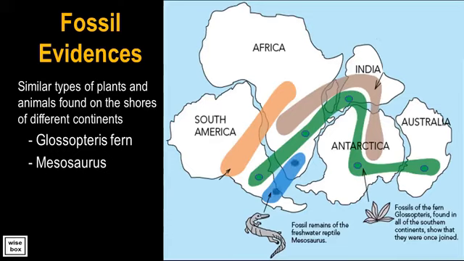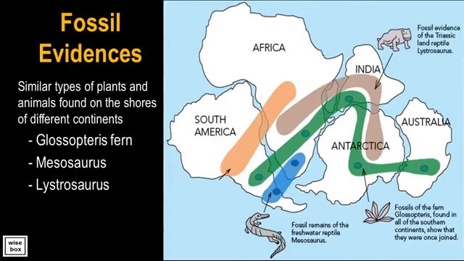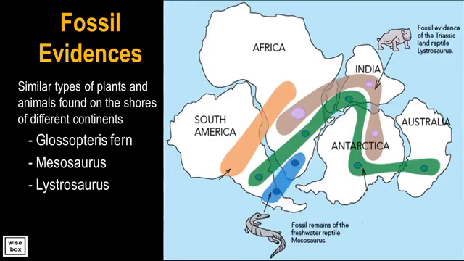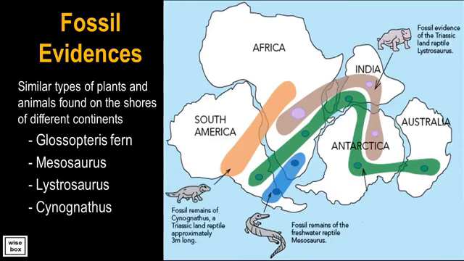Also, fossils of the land reptile Lystrosaurus have been found in rocks of the same age in Africa, India, and Antarctica. Lastly, fossil remains of Cynognathus, also a reptile 3 meters long, were discovered on the shores of South America and Africa.